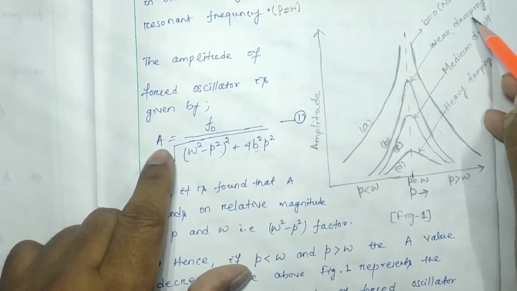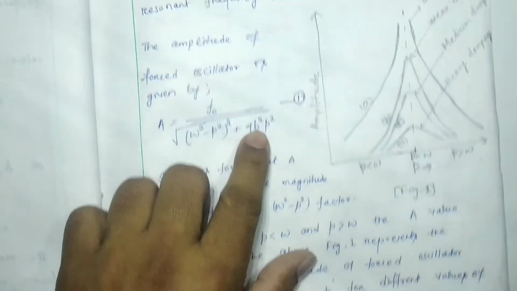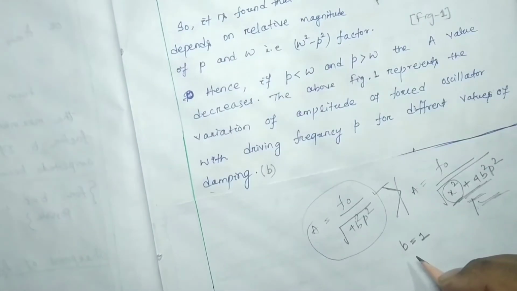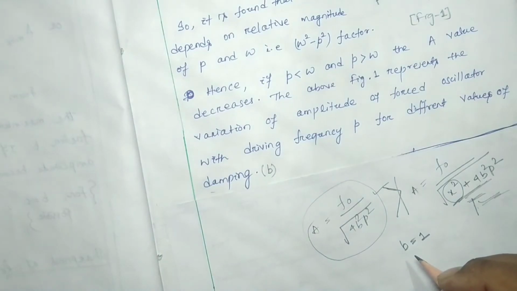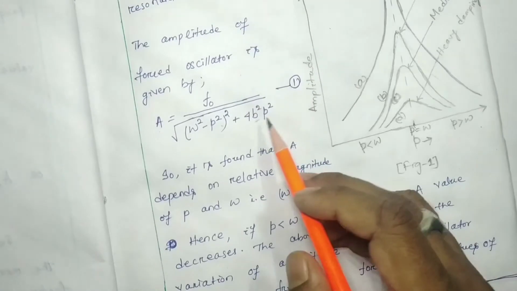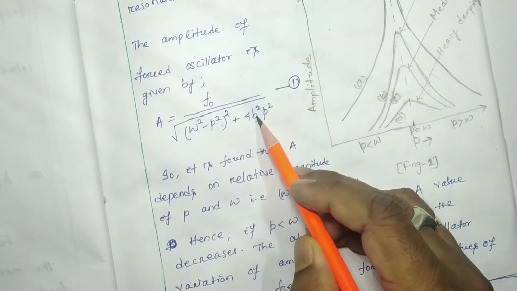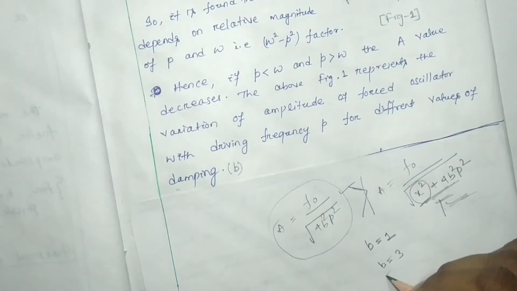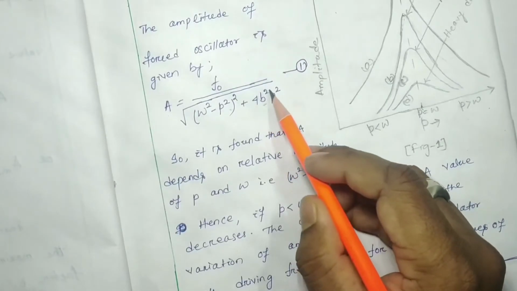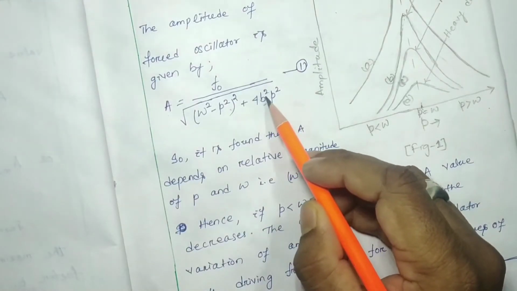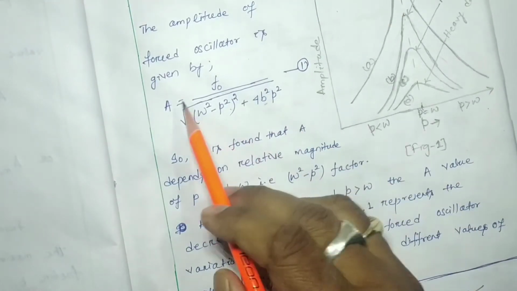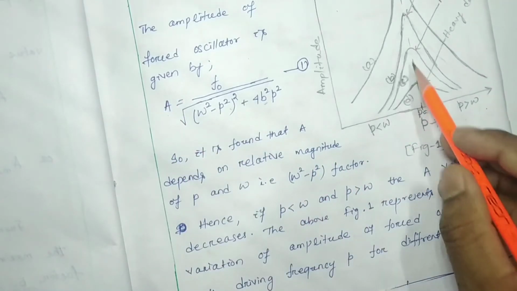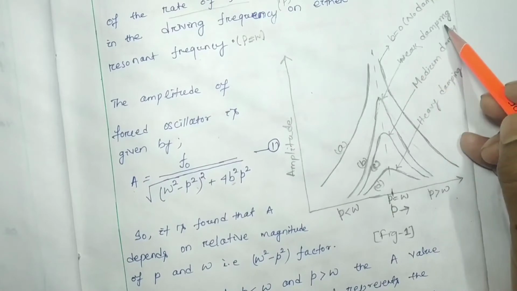For weak damping, we can consider b equal to, suppose, 1. So the denominator will be 1 squared, and for heavy damping we consider b equal to 3, then 3 squared is 9, meaning the denominator factor is increased. The maximum amplitude at p equal to omega will decrease as compared with weak damping.